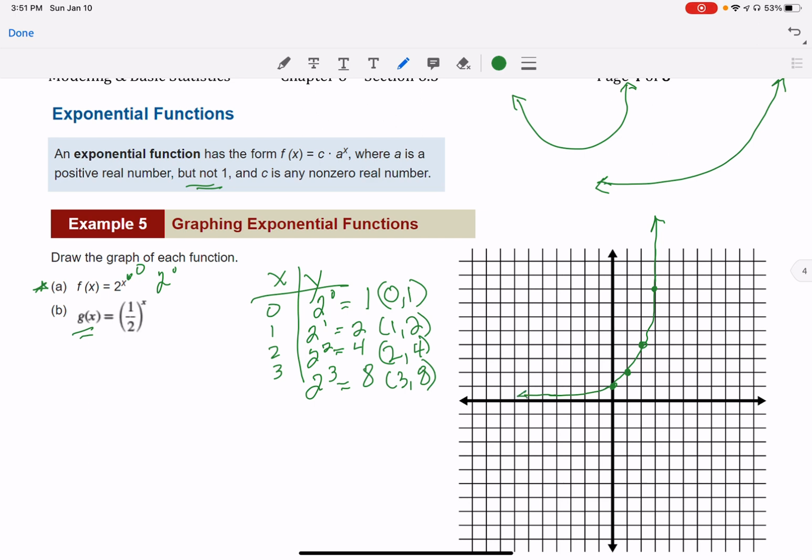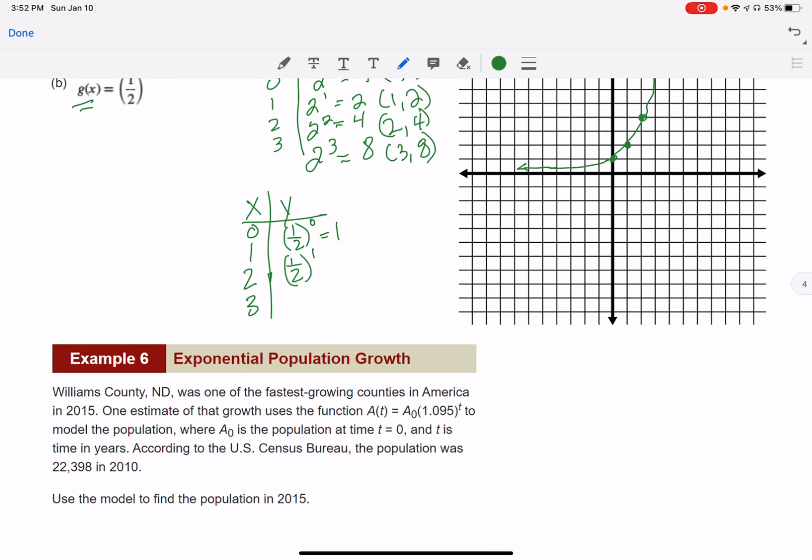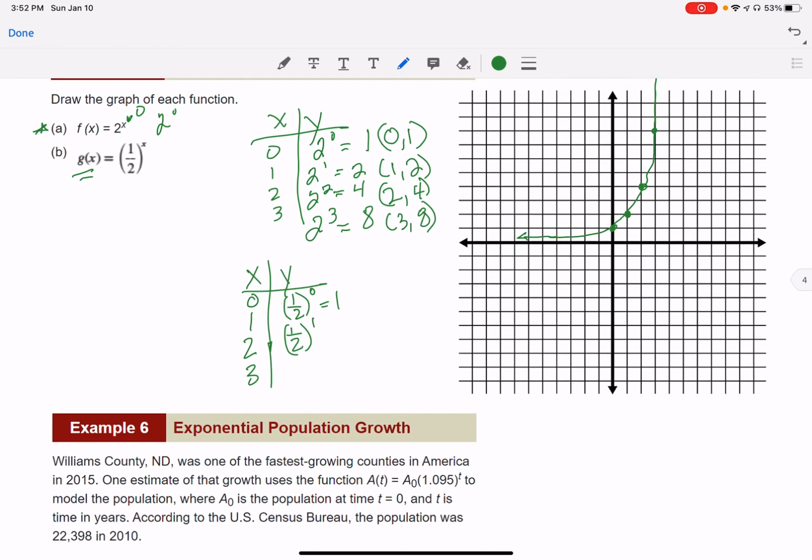Okay, let's look at graphing another one. g of x equals 1/2 to the x power. And this is where you'll see some fractions. Once again, I'm going to put in 0, 1, 2, 3. And then I'm going to put 1/2 raised to the 0 power, which gives me 1. Then I have 1/2 raised to the first power, which gives me 1/2.